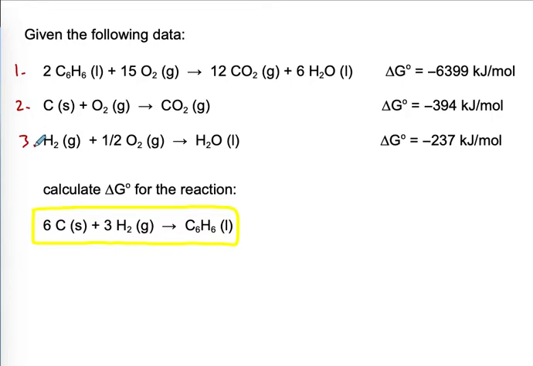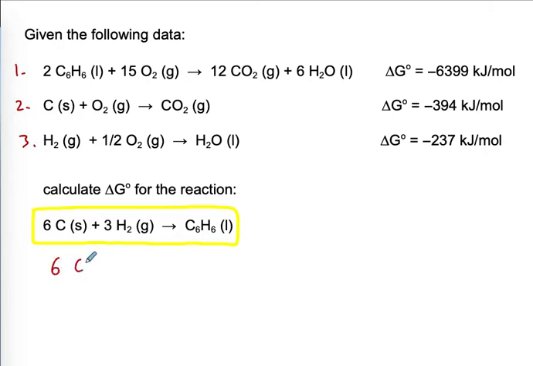If I can do that, then I can use the corresponding free energy changes to calculate delta G naught for our goal reaction. So how do we get 6 moles of carbon, 3 moles of hydrogen, and 1 mole of benzene in their proper places? Well, to get 1 mole of benzene on the product side, I will take equation number 1, reverse it, and divide by 2.